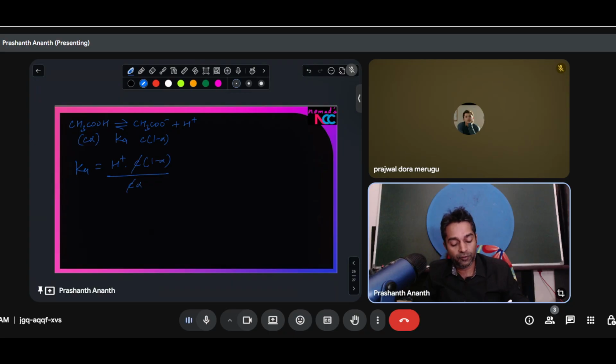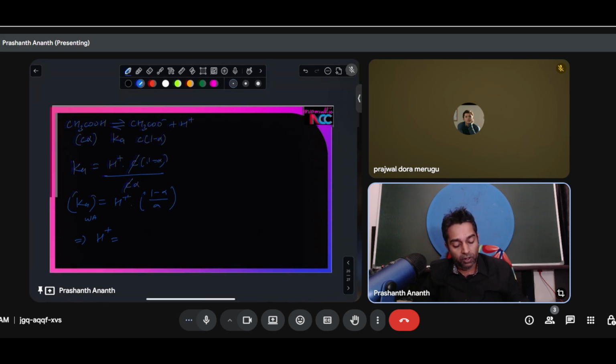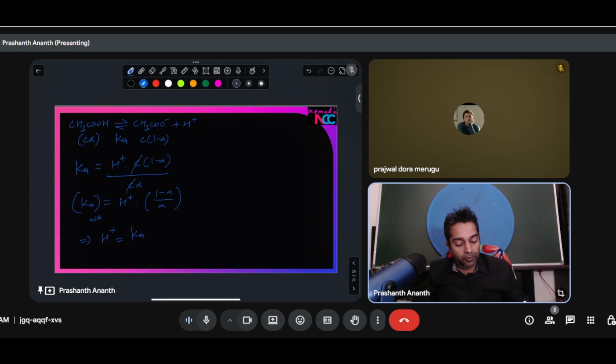C and C cancel off. So we end up having H plus into 1 minus alpha by alpha is equal to Ka for my weak acid. Meaning we can write H plus concentration is equal to Ka multiplied by alpha by 1 minus alpha.